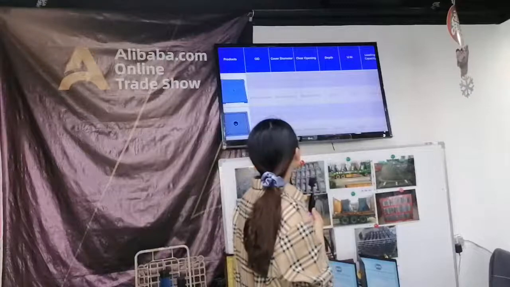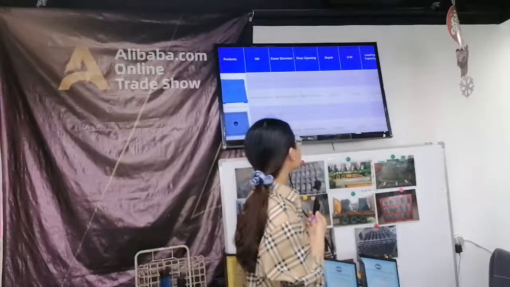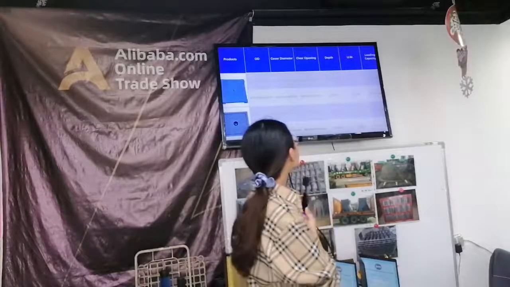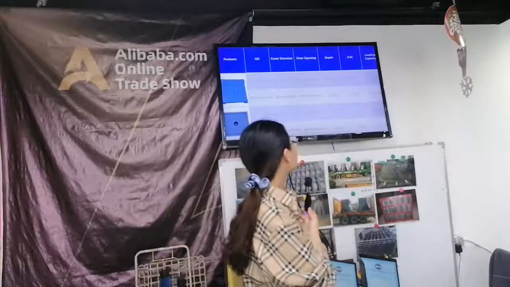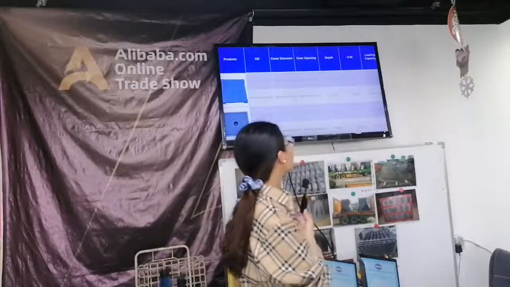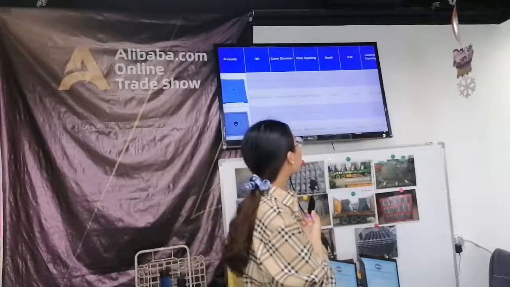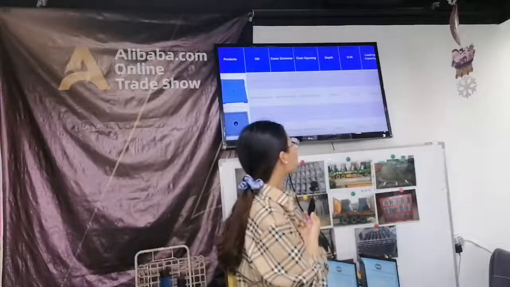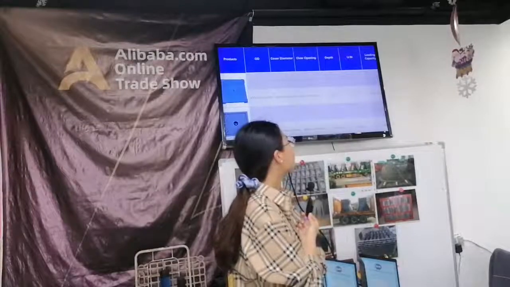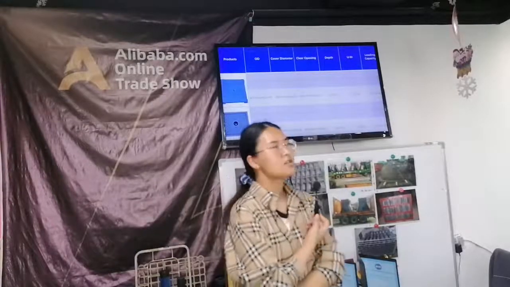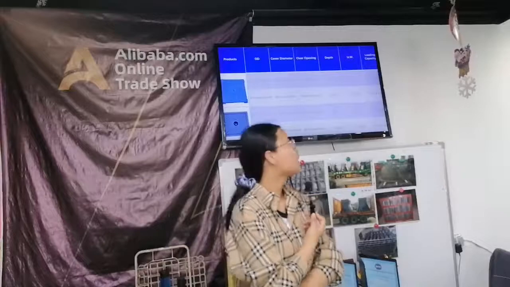The outer diameter is 300 millimeter, and the cover diameter is 280 millimeter. The clear opening is 245 millimeter. The depth is 25 millimeter, and the unit weight is about 6.5 kilograms.